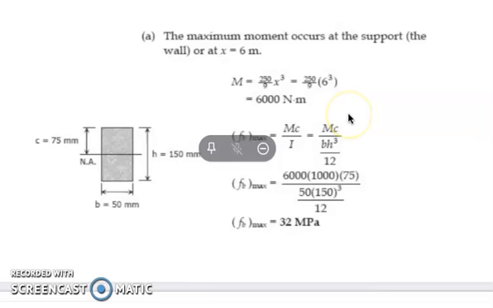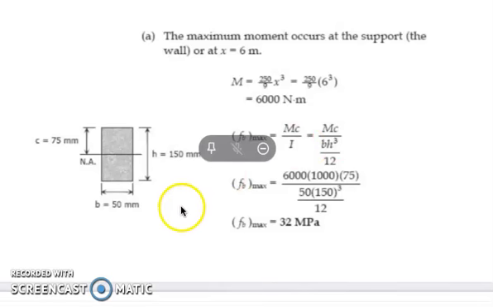We're going to compute the maximum moment, which occurs at the support, so x here is 6 meters. From our solution a while ago, we identified M as 250 over 9 x cubed. Substituting the value for x, our M here is 6,000 Newton meter.